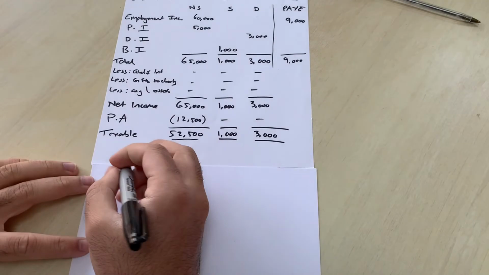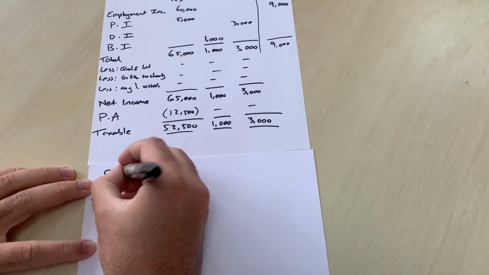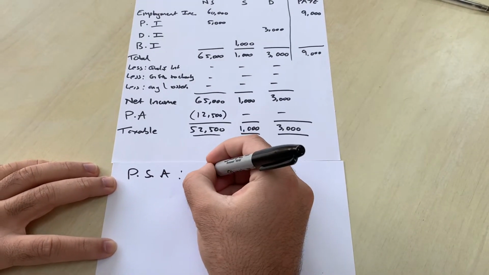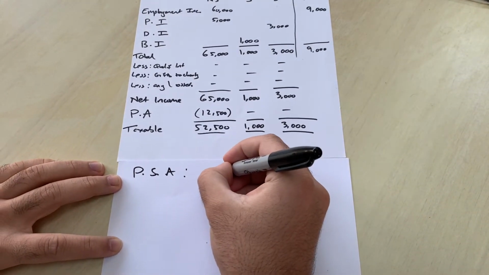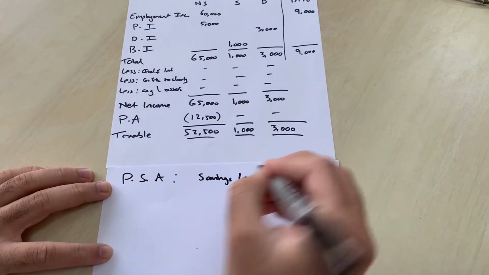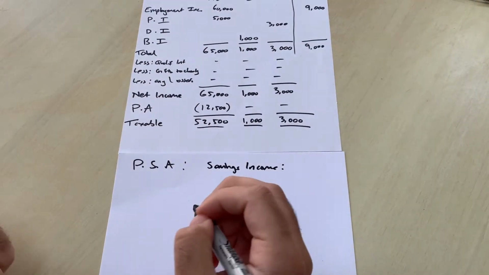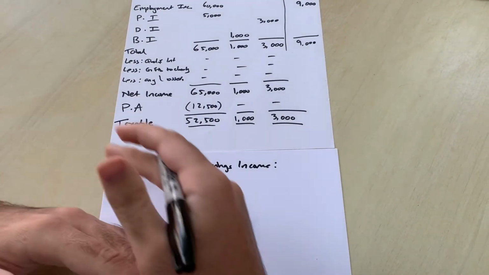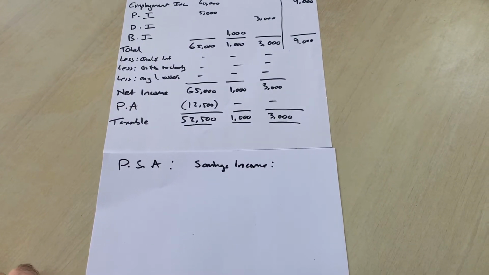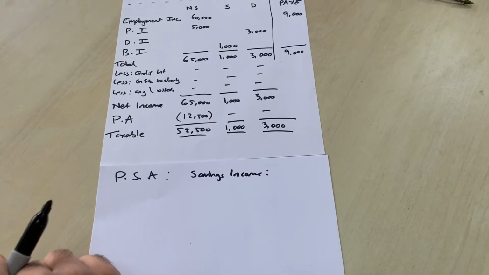And now, remember, in my first video, we had personal savings allowance. For savings income, I'll put that for savings. Given that we have a net income of £69,000, we are in the higher rate taxpayer band, and you can refer to my first video if you're not sure what I mean by that. But that essentially means that we'll be hitting the 40% band.